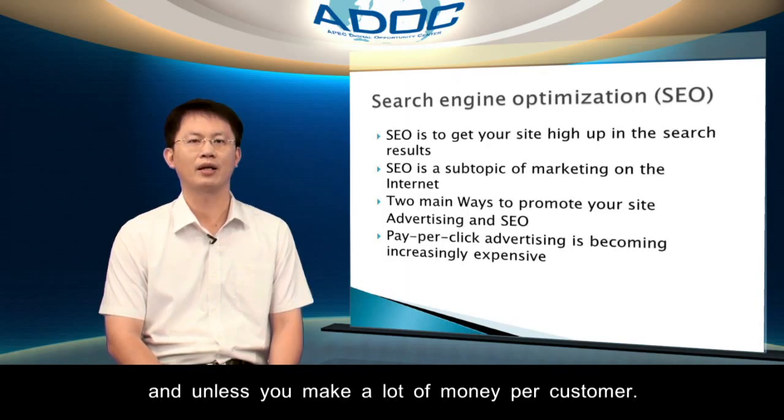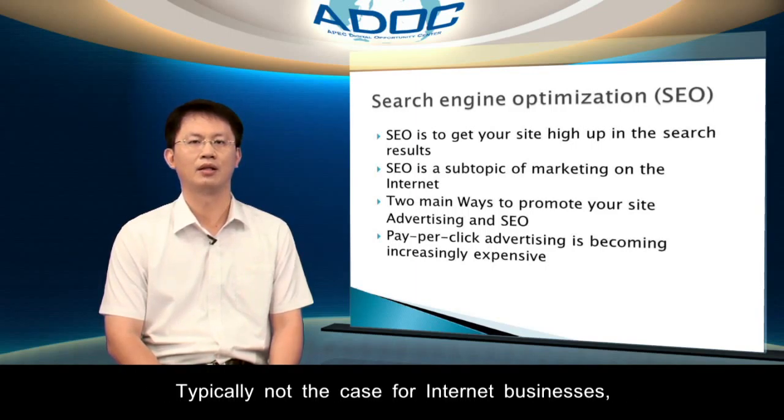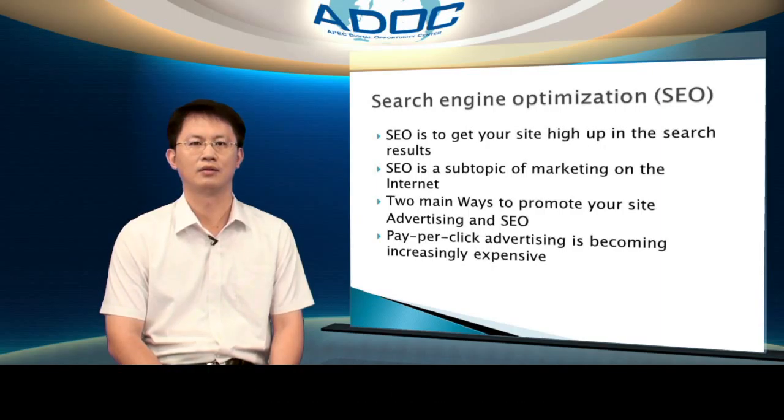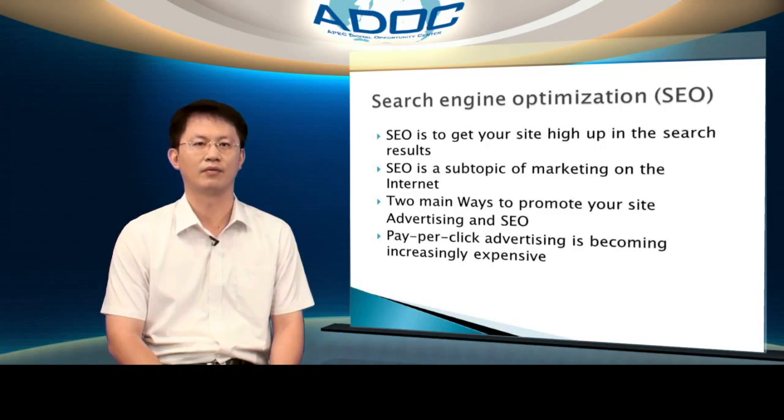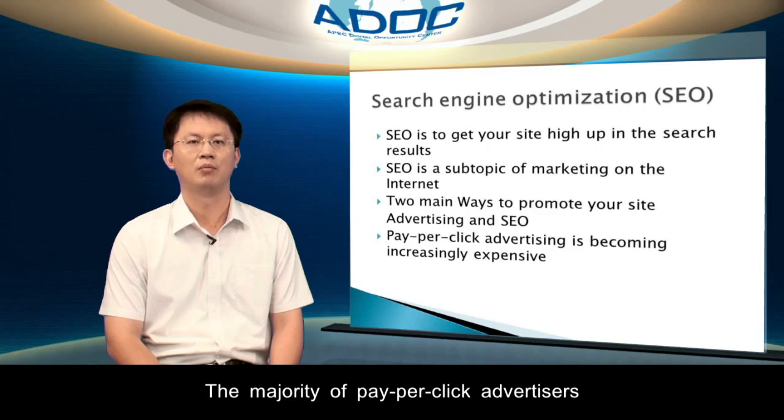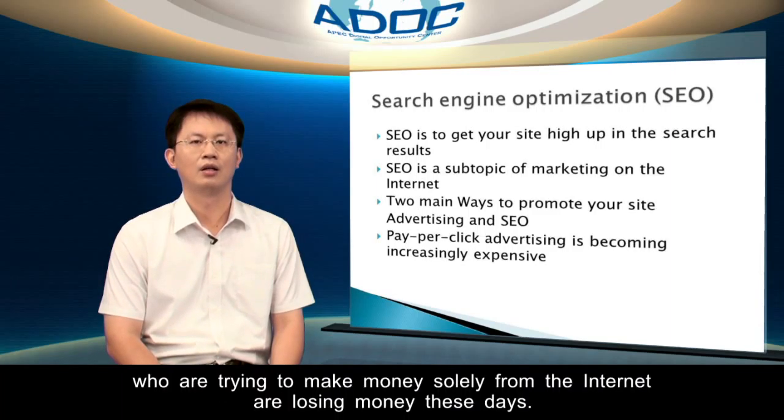And unless you make a lot of money per customer, which typically is not the case for internet businesses, where customers often expect everything to be free, the majority of pay-per-click advertisers who are trying to make money solely from the internet are losing money these days.